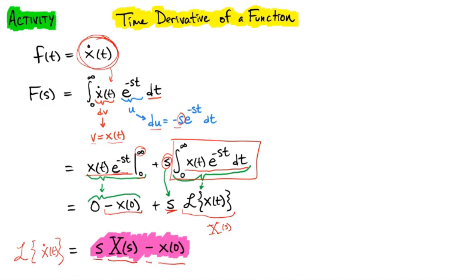And so this is really the heart and the beauty of the Laplace transform as you apply it to differential equations, because it allows us to write the Laplace transform of a derivative in terms of the Laplace transform of the original function. And what that's going to do is change differential equations into algebraic equations, because it gets rid of this derivative by essentially adding factors of s.